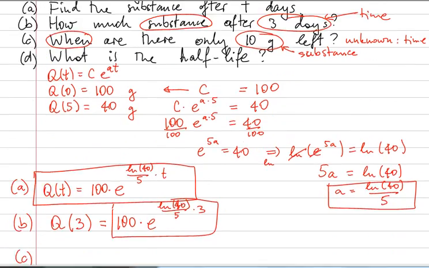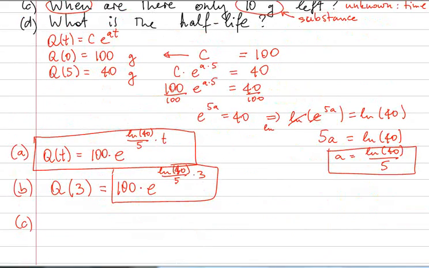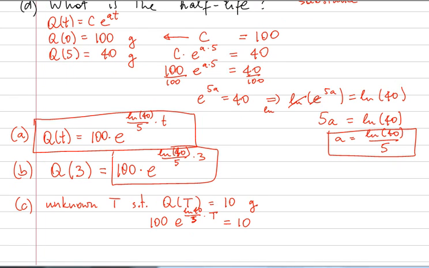So I translate this to mathematics by saying I have to find unknown t such that the quantity at that time is equal to 10 grams. So then I express what is Q of t. It's 100 e to the ln of 40 over 100 over 5 times the unknown time t, and that has to be equal to 10. And we want to solve for t.